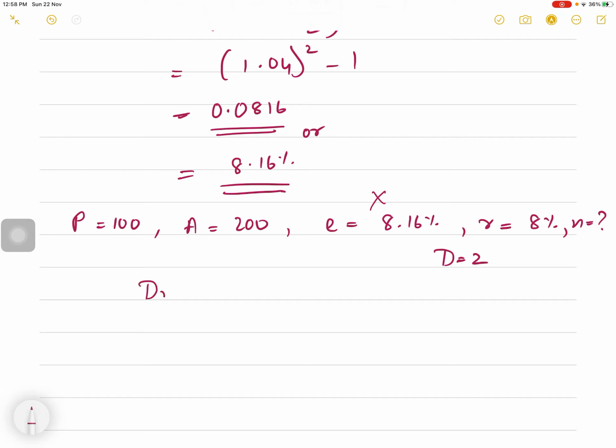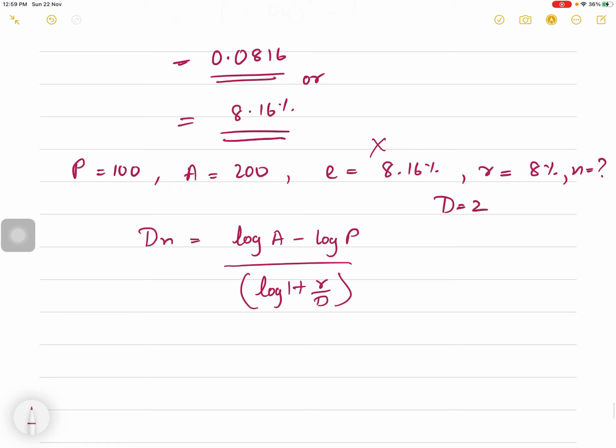So the formula you know is N is equal to (log A minus log P) upon (D times log of 1 plus R by D). This is the formula, right? So there's one more formula. If E is given and R is not given, then in that case you can use another formula.